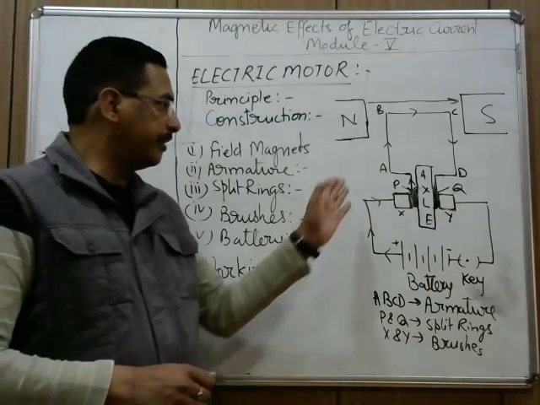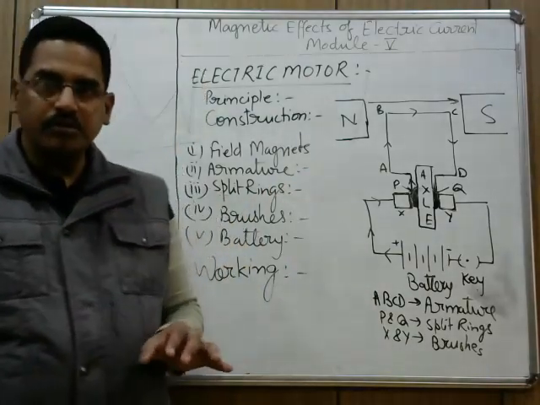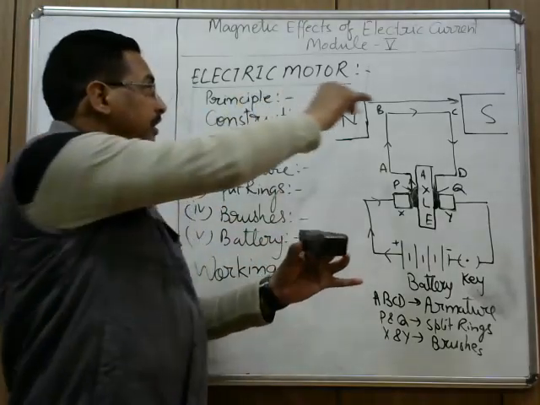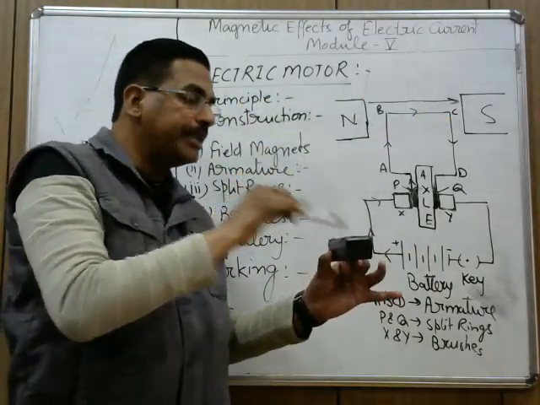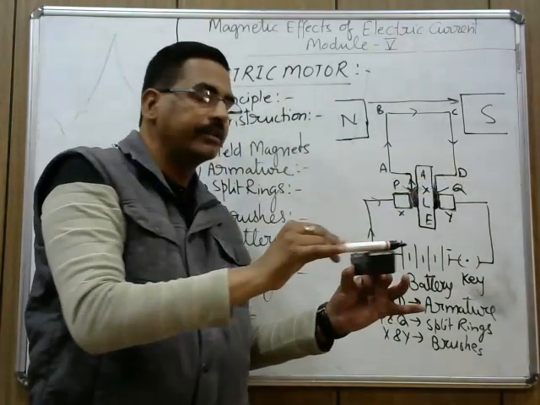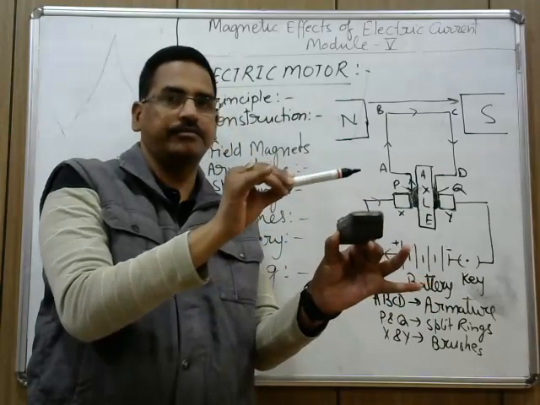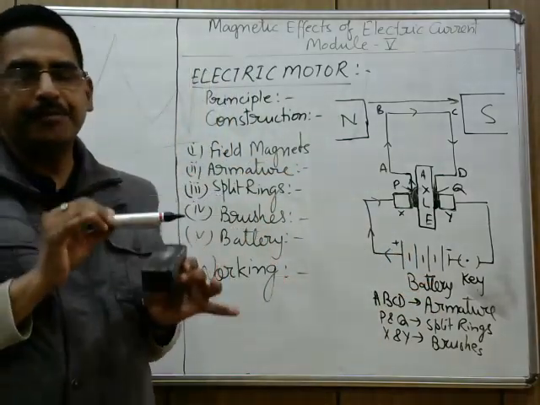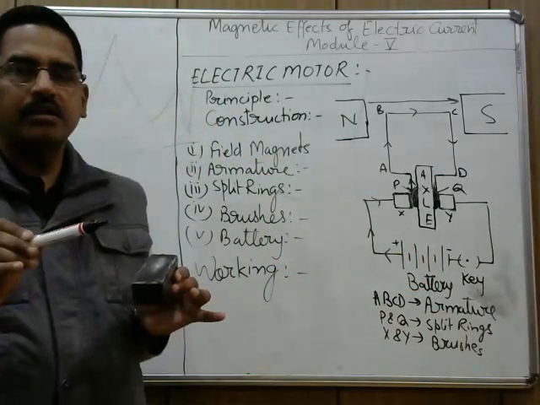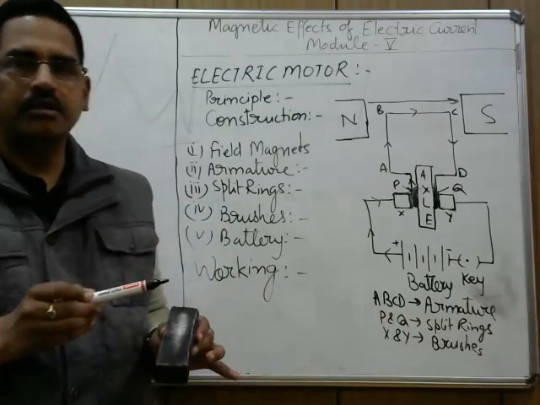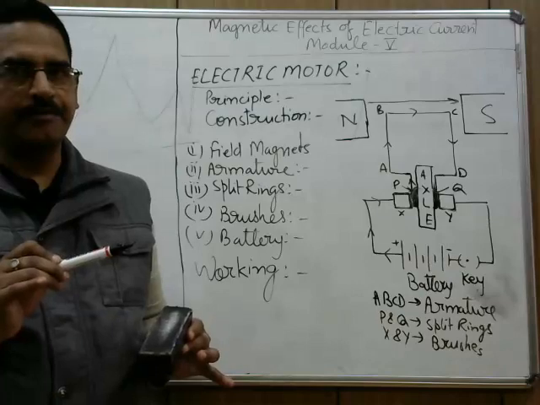This is the direction of magnetic field. The arms BC and AD are parallel to the direction of magnetic field, and when they are kept parallel, the force on them is minimum, equal to 0, as explained in the previous article.